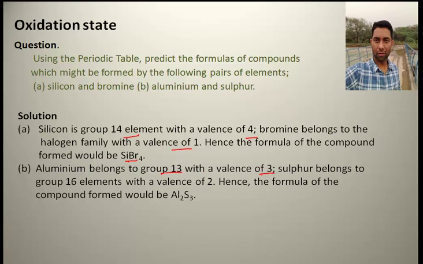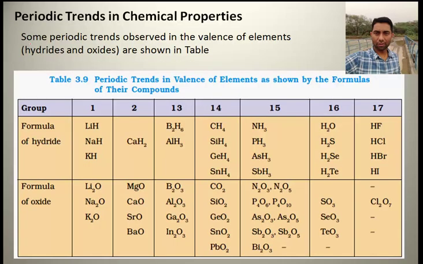Sulfur belongs to group 16 and has a valence of 2, not 6, because it gains 2 electrons to complete its octet. Hence the formula of the species will be Al2S3.